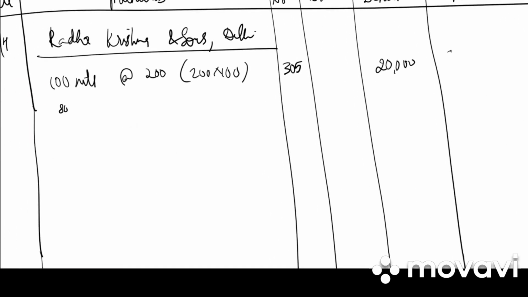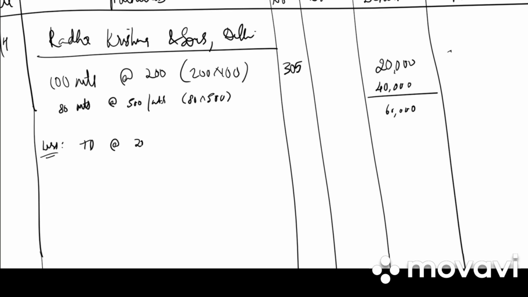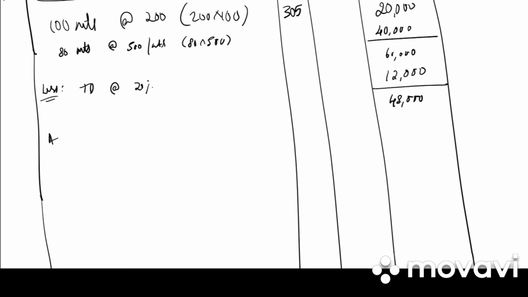Then we have 80 meters at 500 per meter. So 80 into 500 we get 40,000. Total is 60,000. Less trade discount at 20%. So 60,000 into 20 by 100 we get 12,000. 48,000 is the total. Add CGST at 2.5%, 1,200.